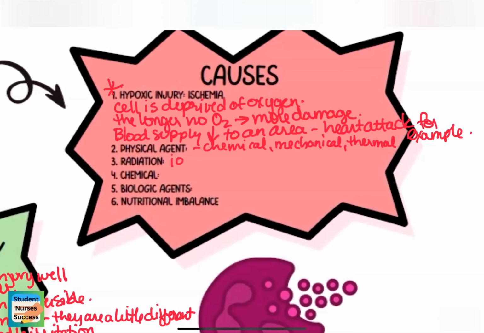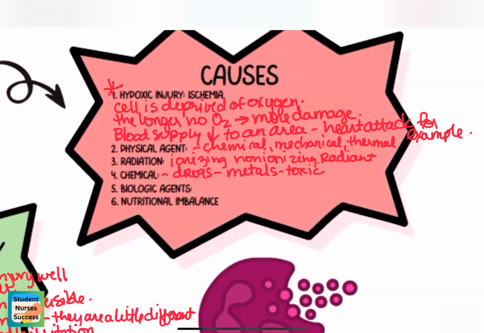We have ionizing radiation or non ionizing or even radiant. Other chemicals can be actually drugs, maybe metal toxicities that are toxic to the body or to cells.